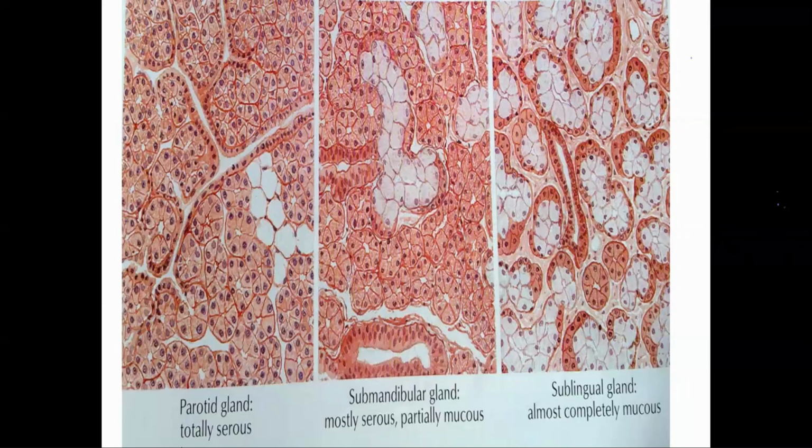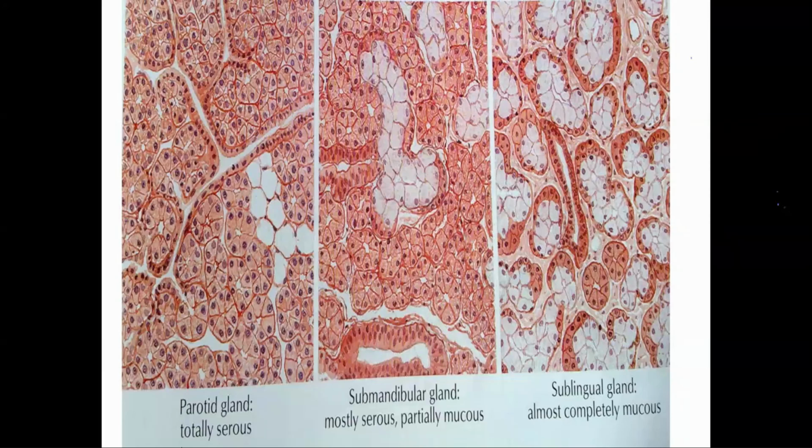The lobes consist of numerous acini. These acini are made up of pyramidal serous cells, whose function is to secrete fluid towards the oral cavity.